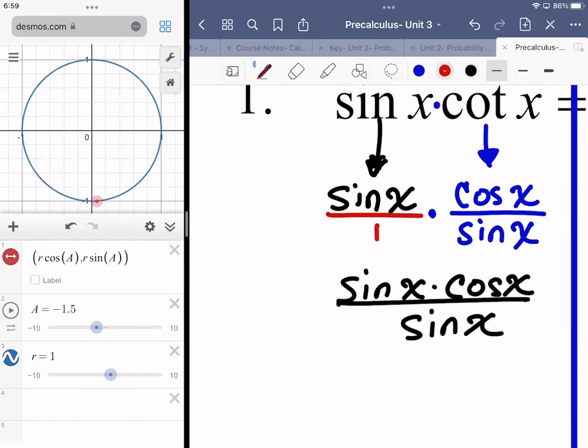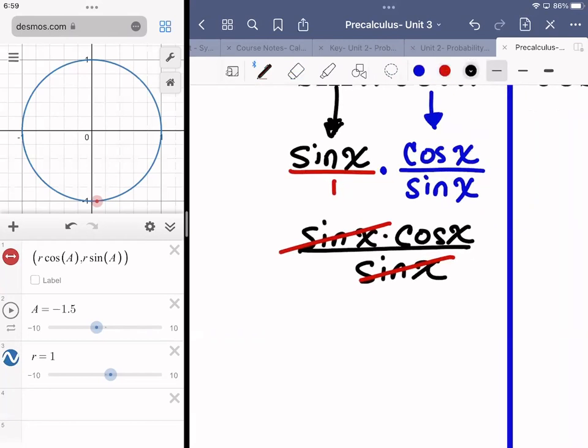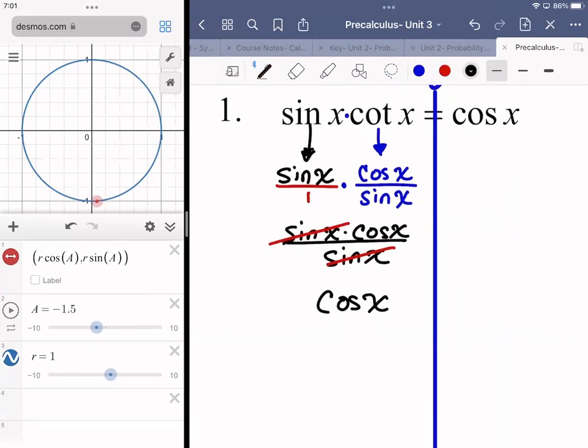Well, I have a common sine x top and bottom. They would cancel away. Basic algebra, nothing too fancy there. Once I do that, I see that the only thing that remains is the cosine of x. That happens to be the other side of the equation.